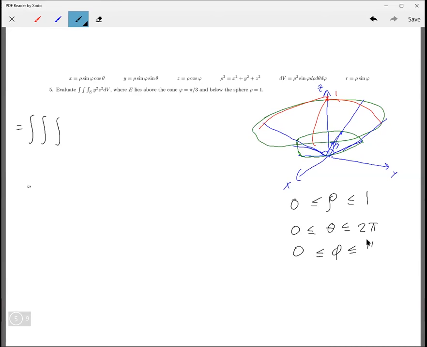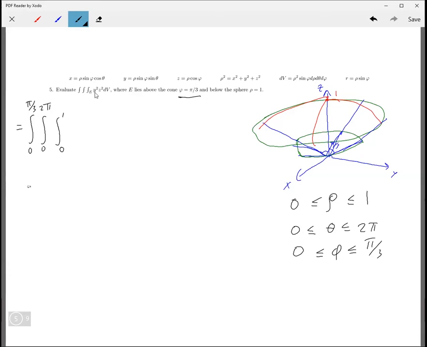Yes, because 0 is pointing straight up, and as you come down, the cone is pi over 3. So we got all the limits: 0 to 1 on rho, 0 to 2 pi on theta, and 0 to pi over 3 on phi.